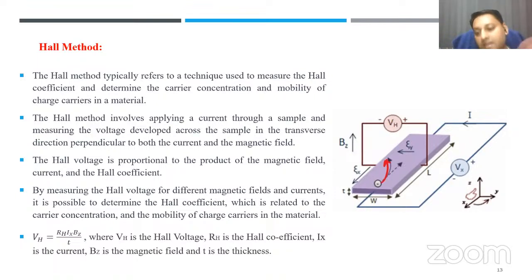And this is an interesting method, and this Hall effect gives rise to measurement of carrier concentration, and the type of carrier or the doping of a semiconductor can be determined using the Hall method.